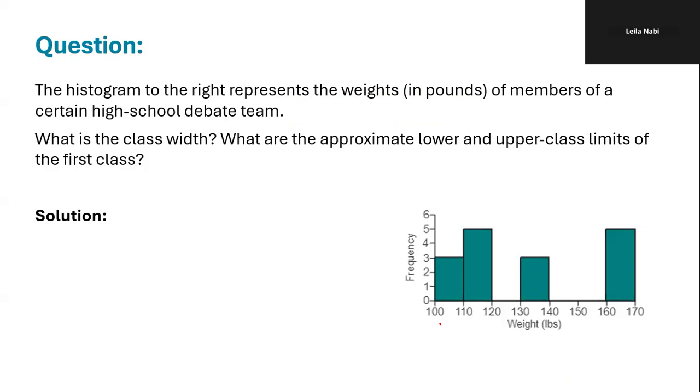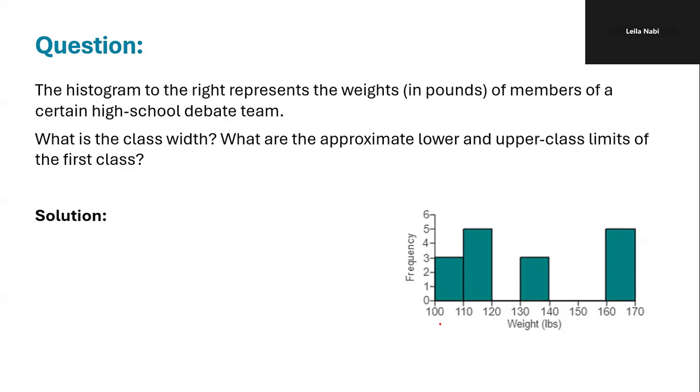Next question. I have another histogram, which represents the weight in pounds of the members of a certain high school debate team. Now it's asking you what's the class width. The class width is the difference between the 2 consecutive lower class limits or the 2 consecutive upper class limits.